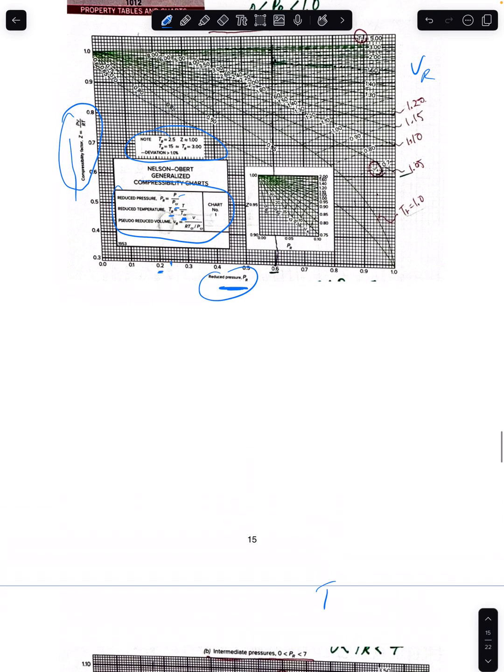So now I'm looking for, I'm moving this up, and I'm looking for what? I'm looking for a point of, remember this gives me my value for what?